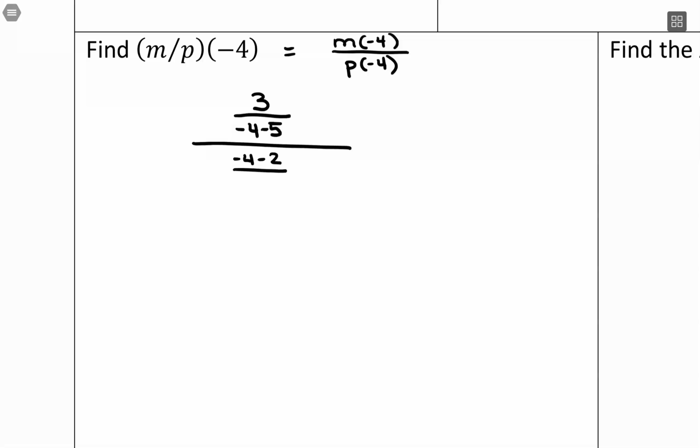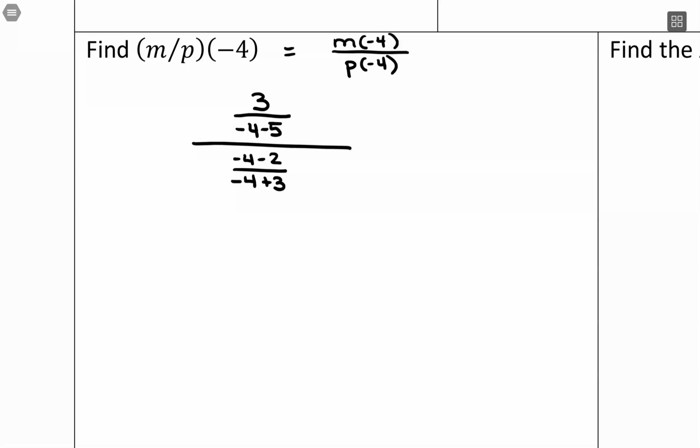All right. Dividing. So this is going to have m of negative 4 over p of negative 4. So m of negative 4 is 3 over negative 4 minus 5, and then over, so we're dividing that with negative 4 minus 2 over negative 4 plus 3.